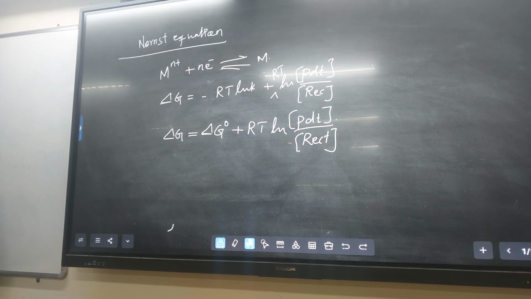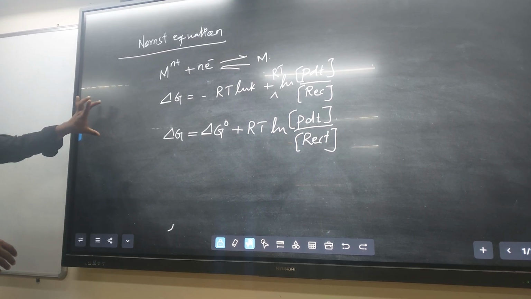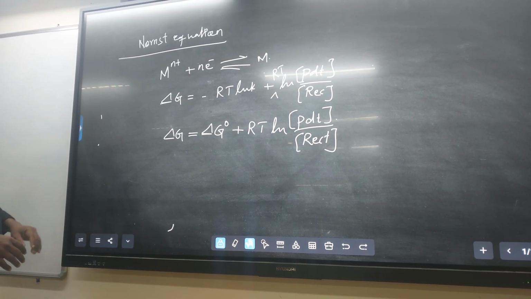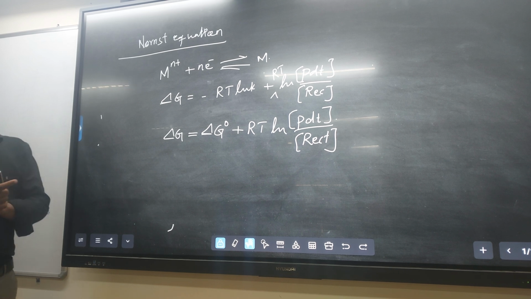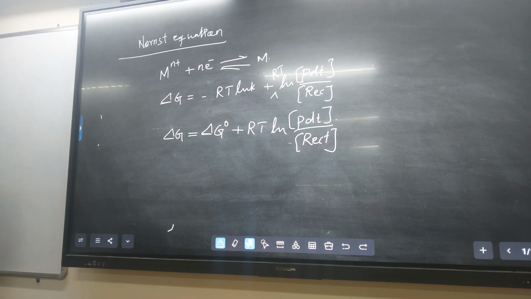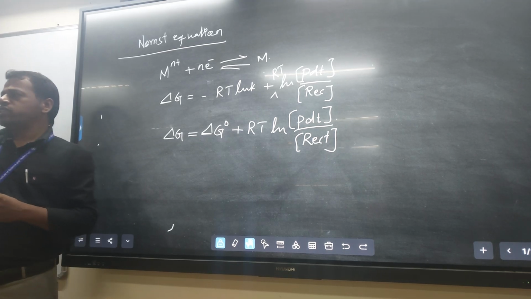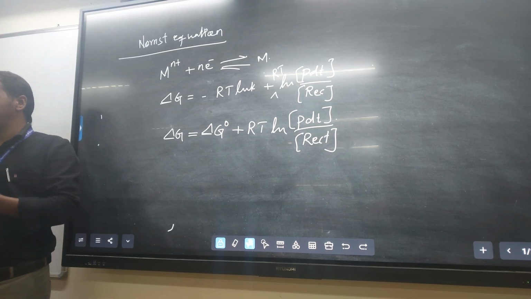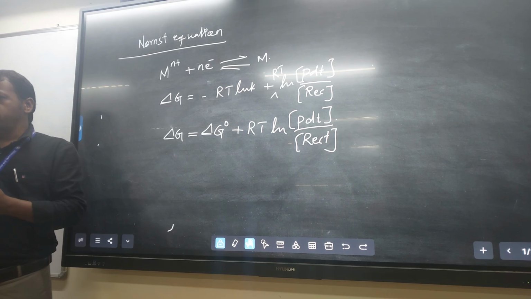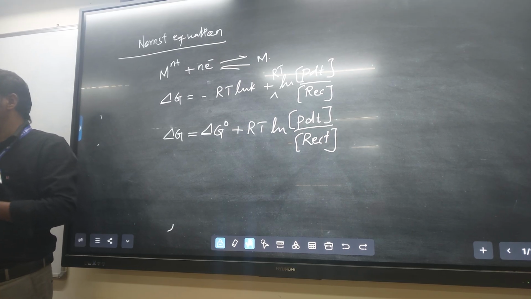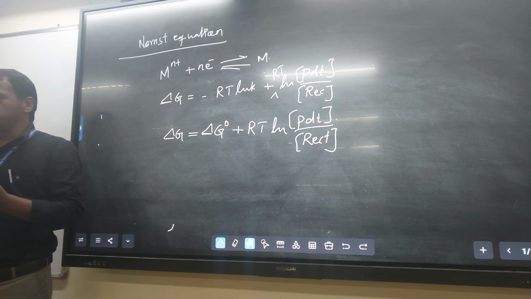So we already know the relationship between delta G and the reduction potential. What is the relationship equation? Delta G with the reduction potential, both are related, any equation is there?